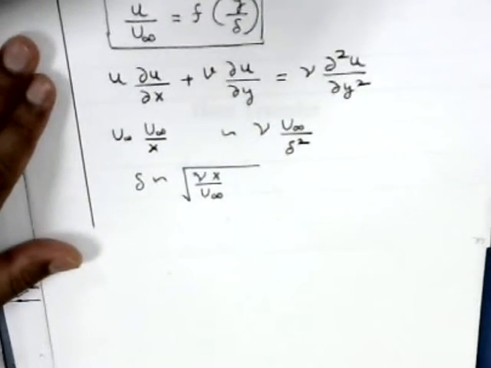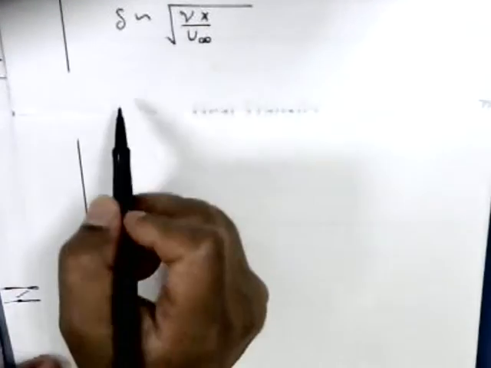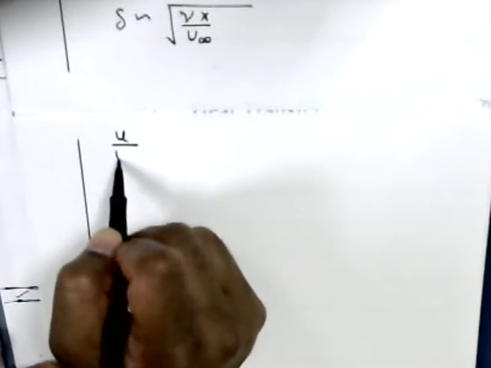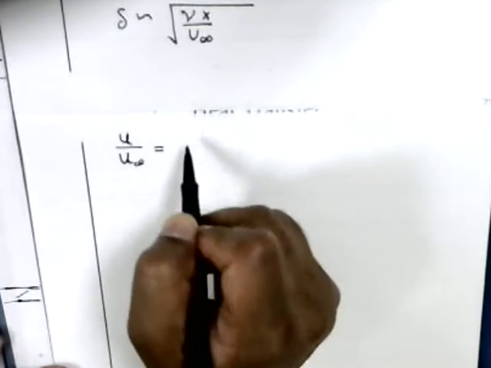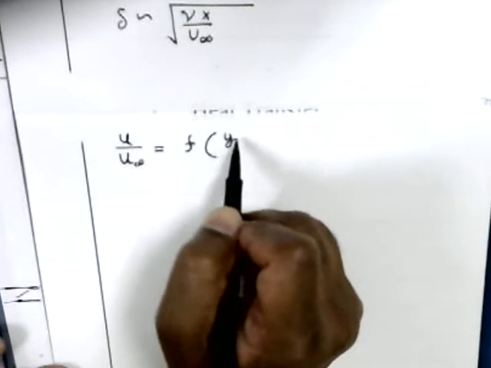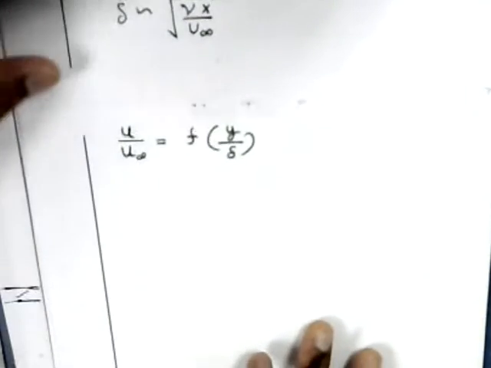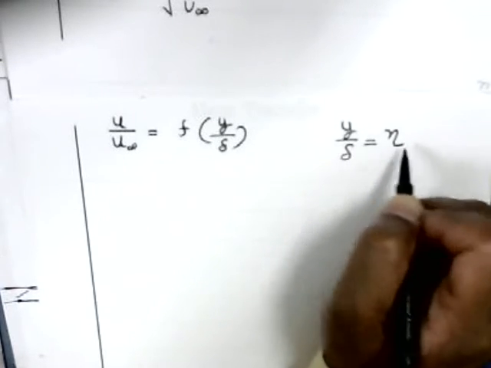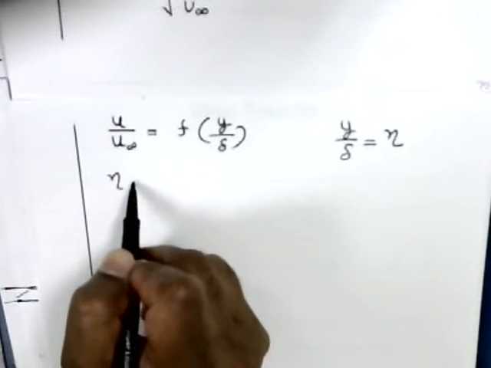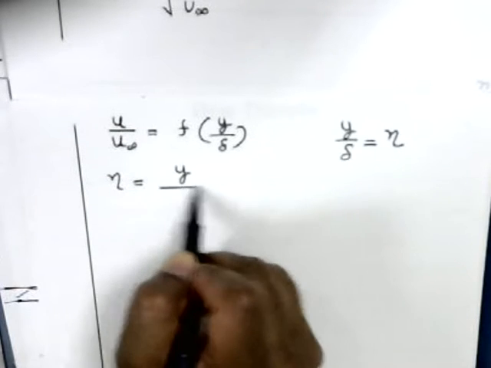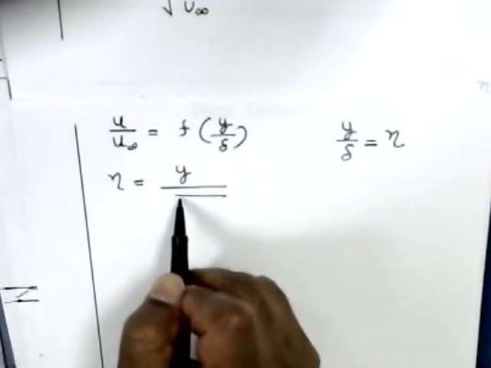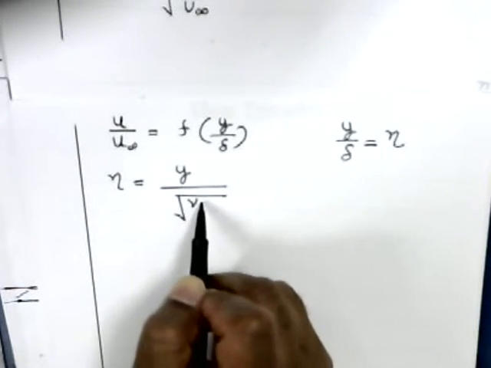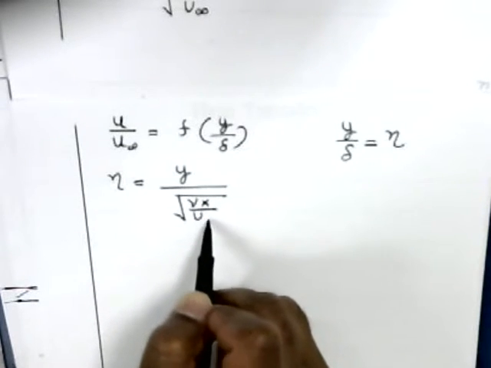So when we define that u over u infinity is a function of y over delta, let us write this y over delta as eta. This eta is y, and delta is related to this expression, nu x over u infinity.